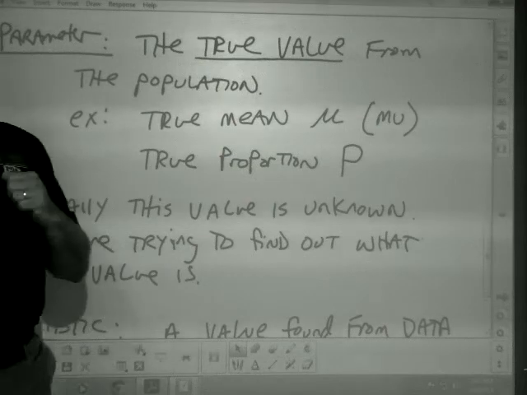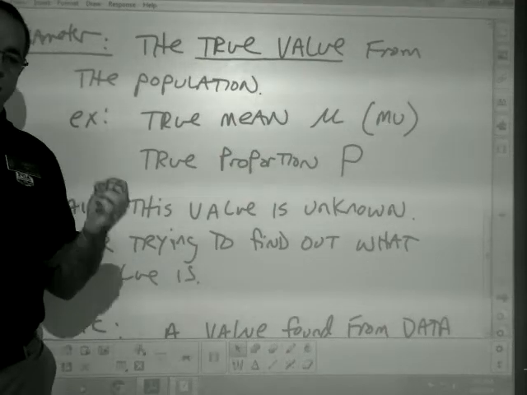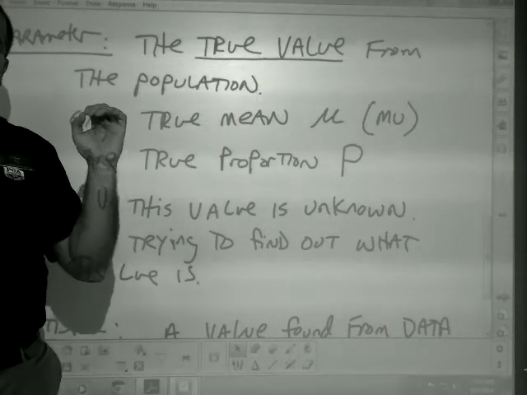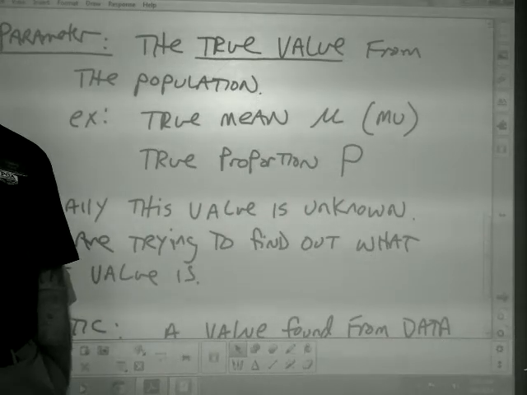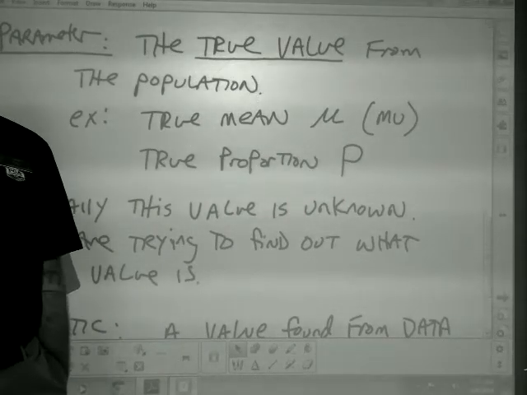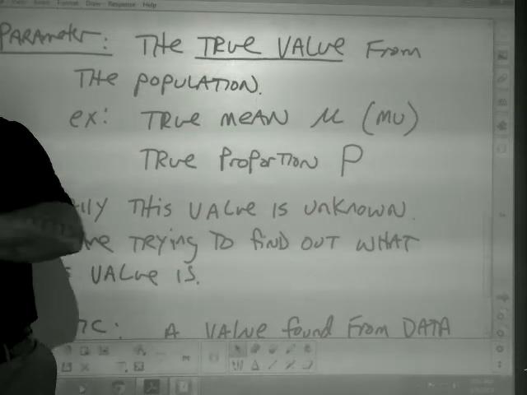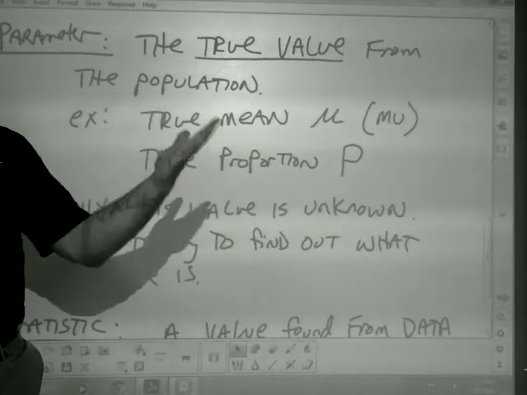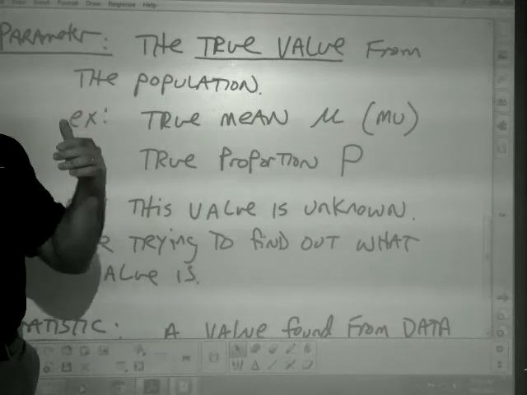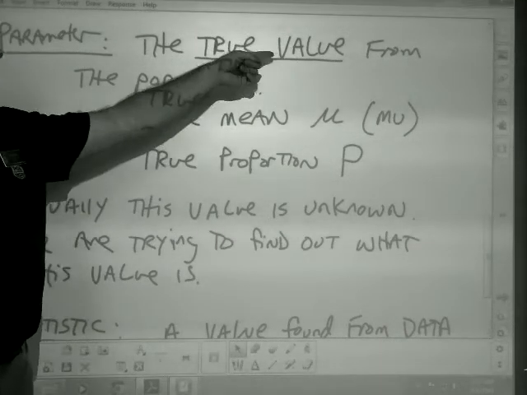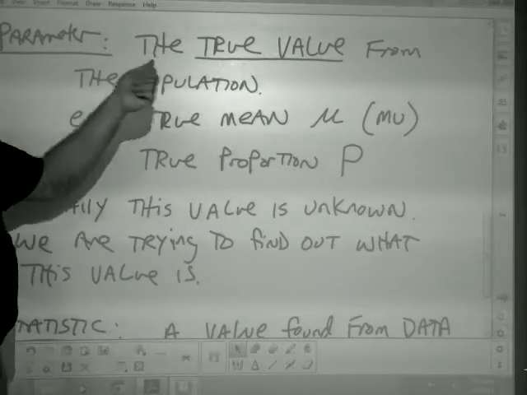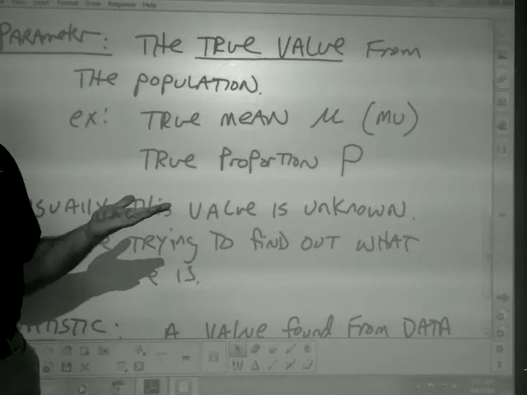I want to know what the true average height of boys are at Arcadia High School. I have no idea what that is until I would have to sample everybody or take a census and measure them. It's too tedious. But I'd like to know what the true value is, and if I could figure it out, that would be nice.